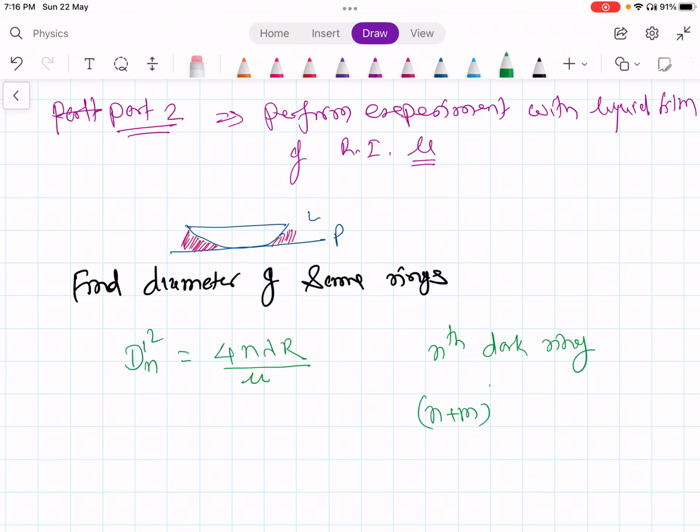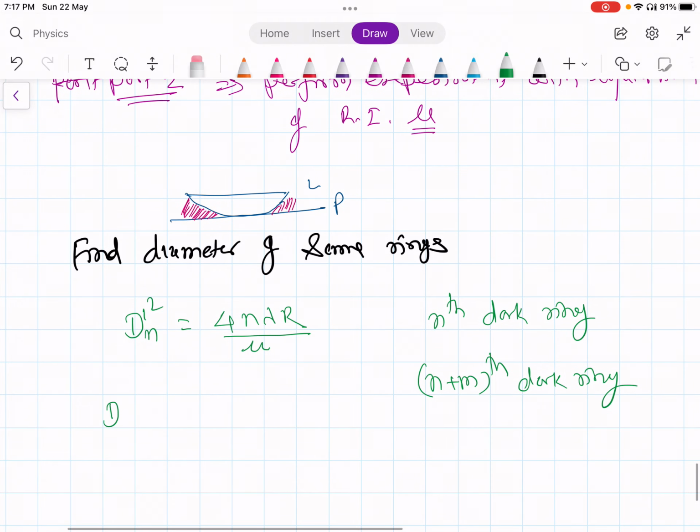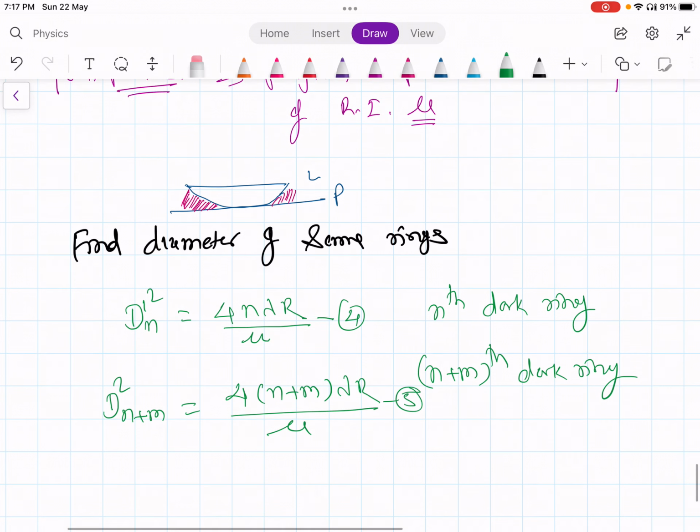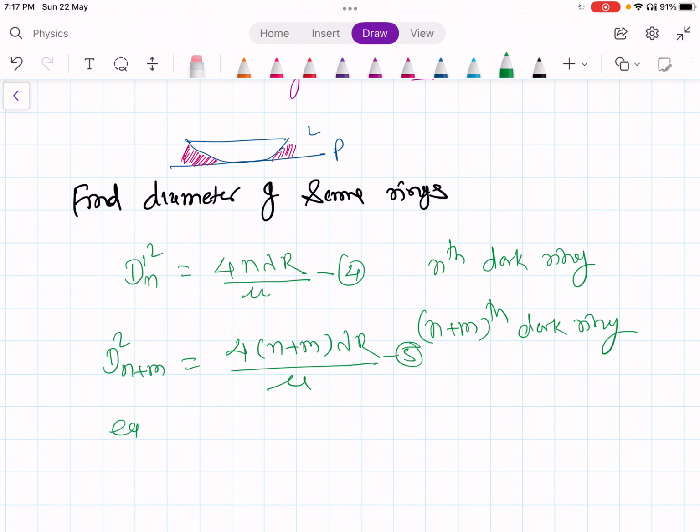Then for the n plus mth dark ring, d prime square of the n plus mth dark ring is equal to 4 into n plus m into lambda R divided by mu. This is equation 4. This is 5. Let us take the difference.